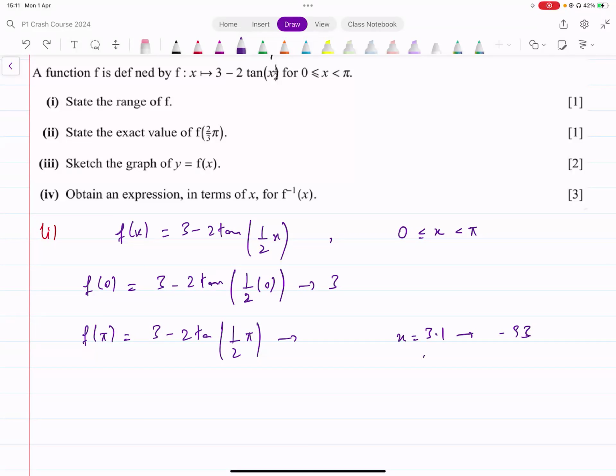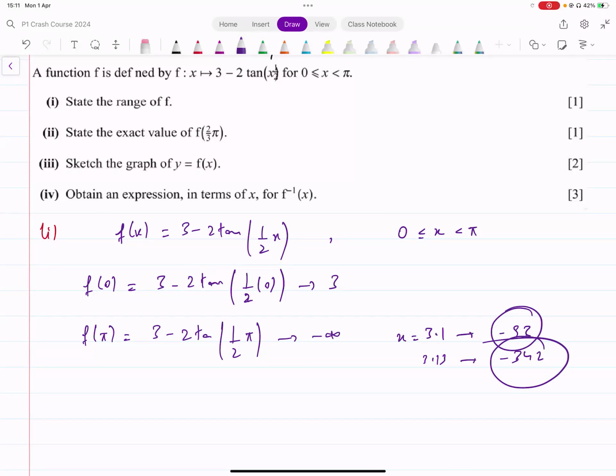That's giving me minus 342. And that should kind of tell you a pattern. This is negative 93. This is negative 342. So what is happening as we go closer and closer to pi? This number is basically going towards negative infinity.